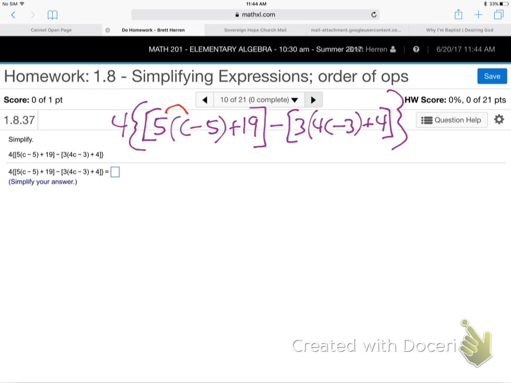So this 5 distributes in, 4, what am I doing? 3 distributes in, yeah.